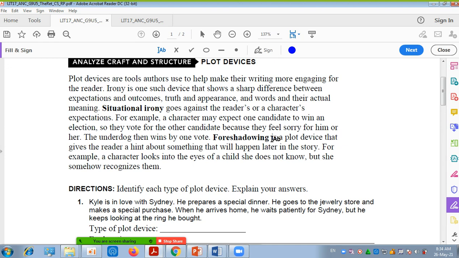You can predict, but it is not clear for whom this shadow is. It's the same for foreshadowing. The author gives you some hints and clues about what is going to happen later on, so it helps you predict what's going on.